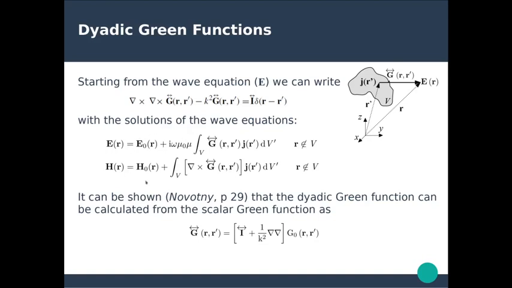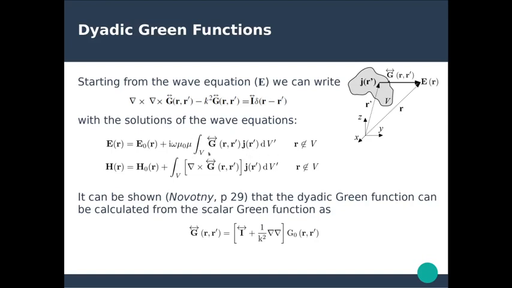So these E node and H node are actually background fields. If you have, for instance, an external background field which is independent of the charge distribution, current density distribution, these are just background fields. They can be zero, and then the fields induced by the current distribution are given by this integral here.